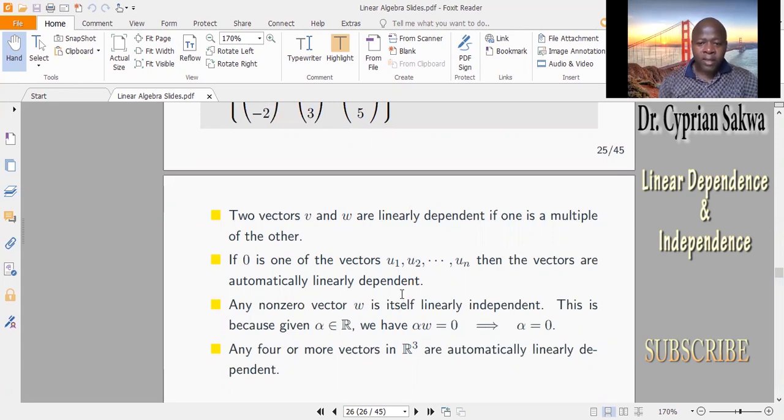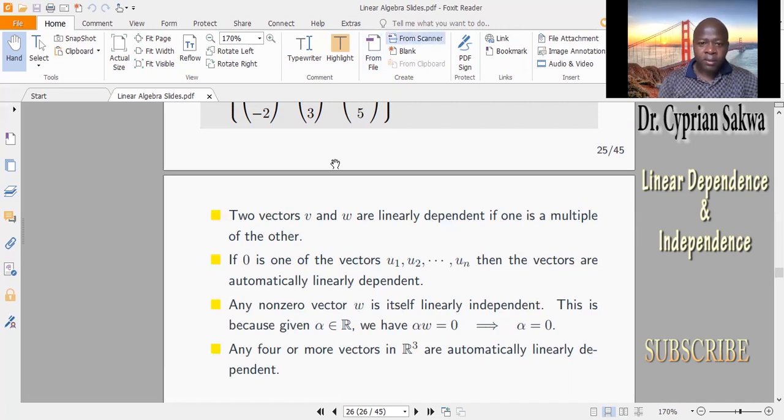Now, suppose we are given several vectors, even 3 or 4 or 5, and 0 is one of the vectors, then the vectors automatically become linearly dependent. Let me show you.